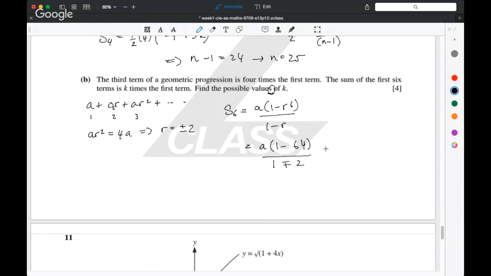And this is equal to k times a. So k is equal to minus 63 over 1 minus or plus 2. So there are 2 possible values, either k is equal to 63 or k is equal to minus 21. And those are the values that we want, depending on what r was.